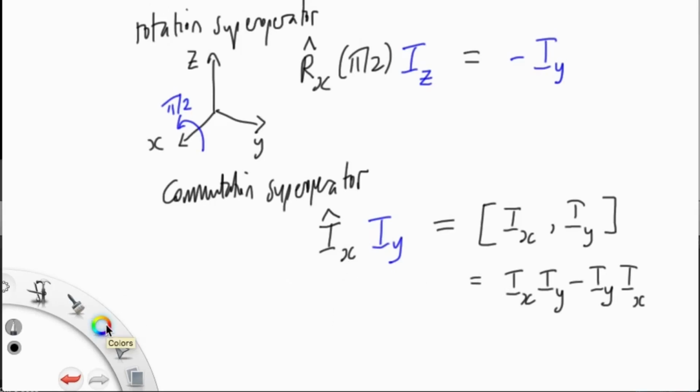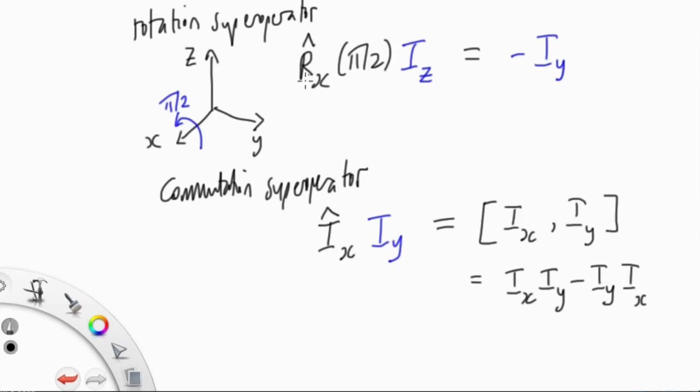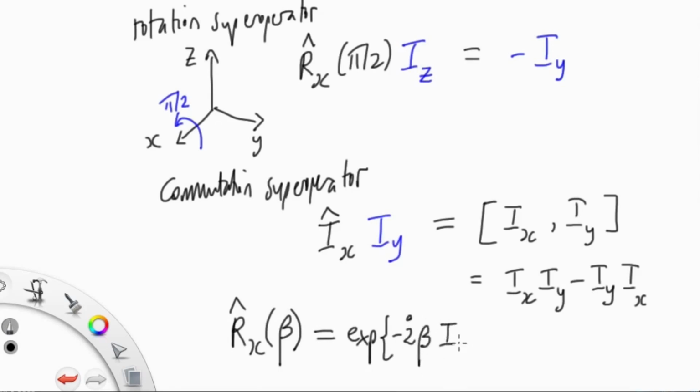There are many other superoperators important in NMR theory, some of which we'll encounter in a minute. At this point, I'll just point out there's a link between the rotation superoperator and a commutation superoperator. It's not at all obvious, but it turns out that the rotation superoperator, for a rotation through an angle beta around a particular axis, in this case the x-axis, is given by the complex exponential of the commutation superoperator.